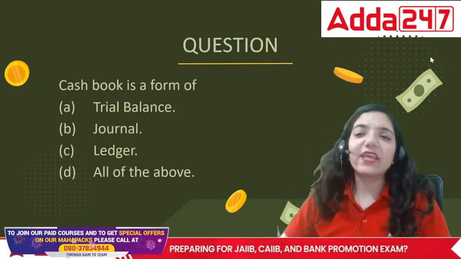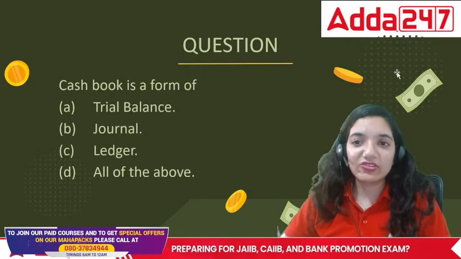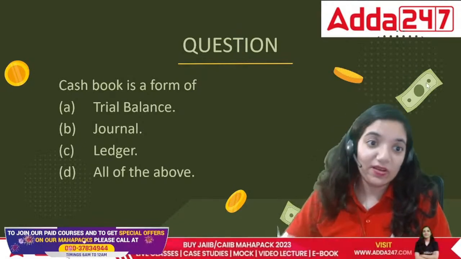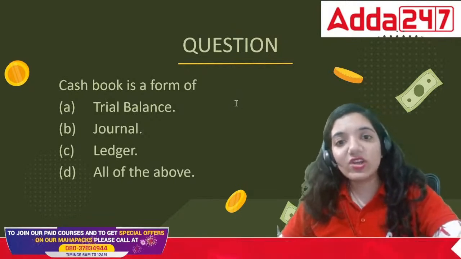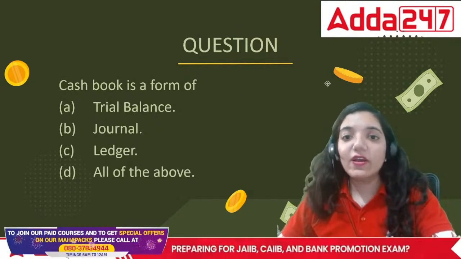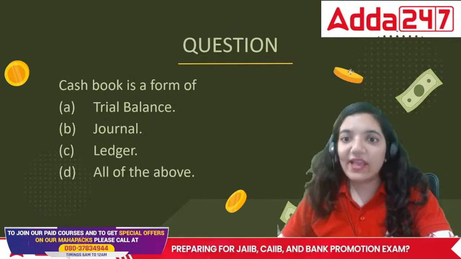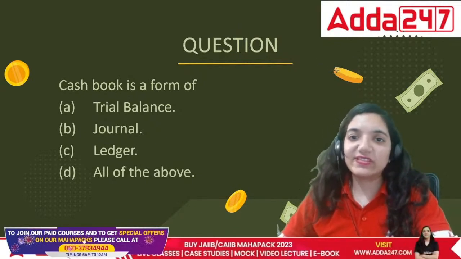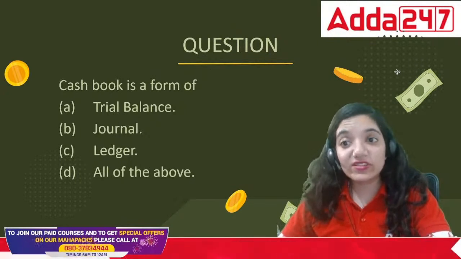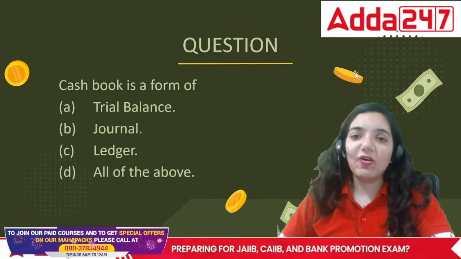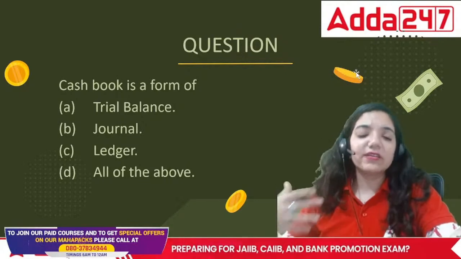They don't record anything else. That means all the credit transactions are not recorded in it at all. That means cash purchases, cash sales, and every transaction which is exclusively related to the cash movement.